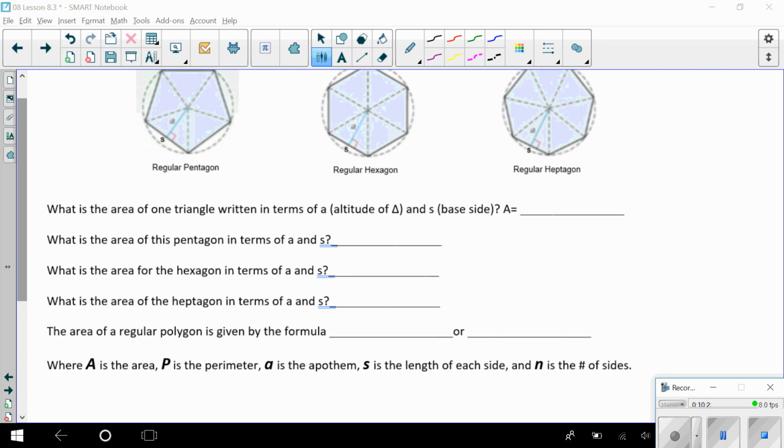So take a couple minutes. You can work with a partner if you'd like, or you can work individually, but write the area of the triangle in terms of altitude, A, and side, which is the base, S.